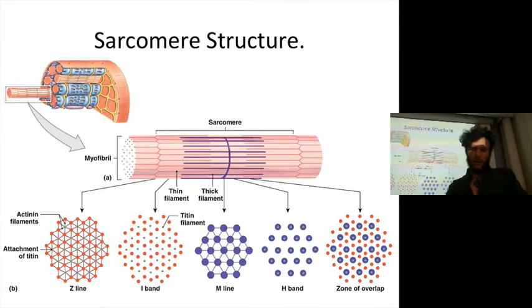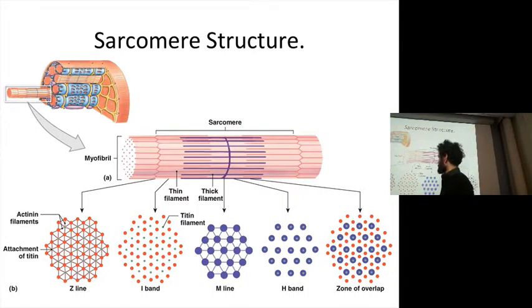Okay, so this is not that important of a slide actually, but it's just looking at cross sections through different points in the sarcomere. And what's interesting here is just looking at the hexagonal array that you're going to see. This is giving us the maximal overlap, the maximal contact between thin filaments and thick filaments.